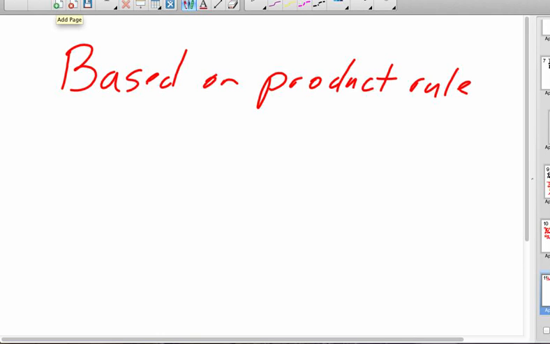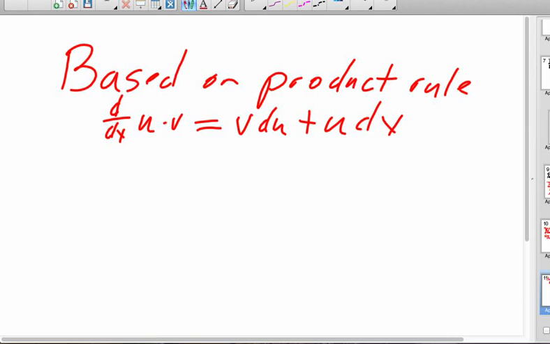If you remember the product rule, the derivative of u times v, where u and v are functions of x, is equal to v du plus u dv. And this is the basis behind everything we're going to do in here. Or sometimes you'll see this written as v u prime plus u v prime. Okay, and that's the product rule.